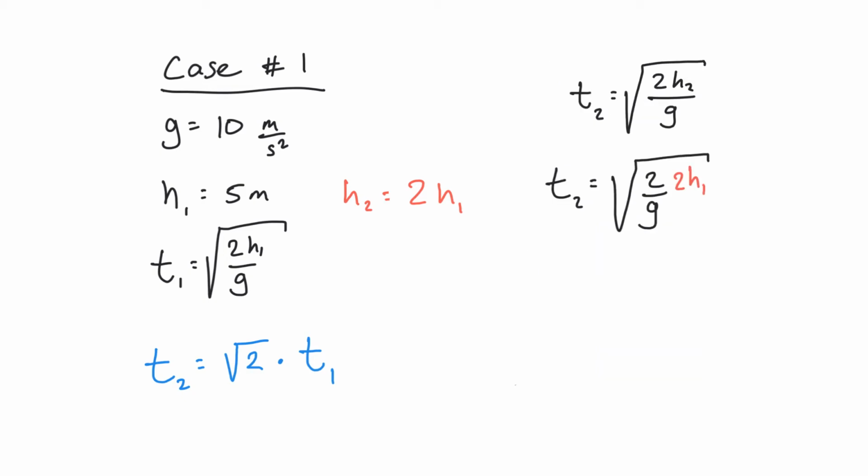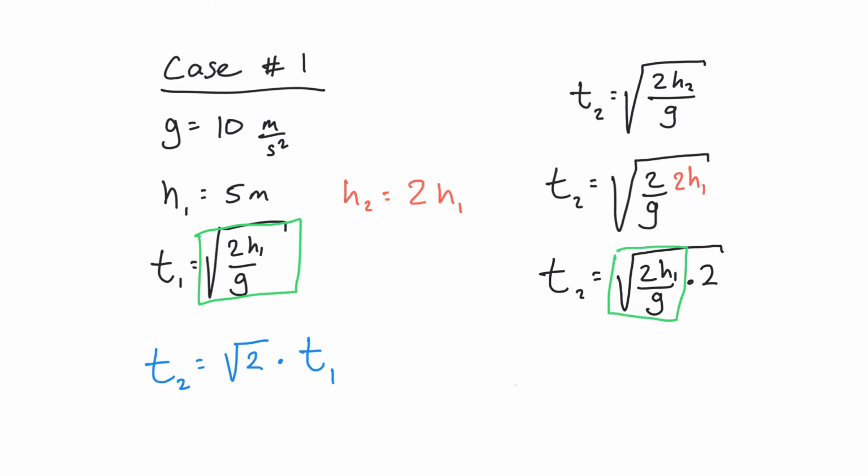So let's take a look together. We'll solve for T2. And if you just play around inside the radical here with the math, you're going to get 2 times h1 over g, and then multiplied by another 2, all under the radical. And I hope you can see it, and I'll do this in a green color. This whole expression there, radical 2h1 over g, is the same as this right here.